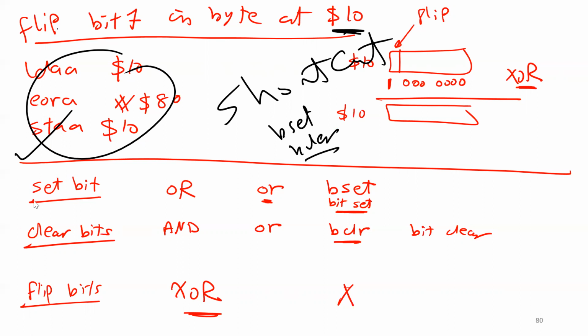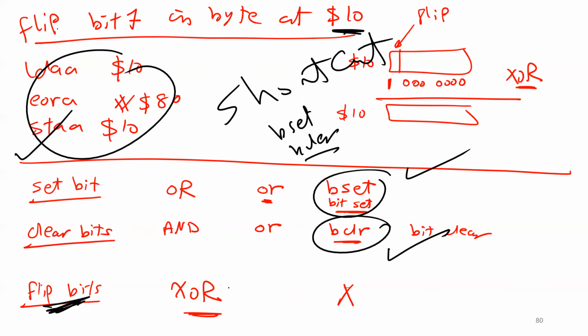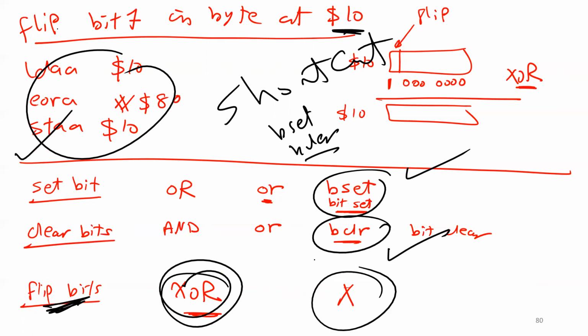If you want to set some bits, you can use logic OR, or the other option is bit set, and I prefer this one, it's easy, right? And if you want to clear some bits, you can use logic AND, or you can just use bit clear. But if you want to flip some bits, you can use XOR, but we don't have an instruction other than XOR here. Any questions?